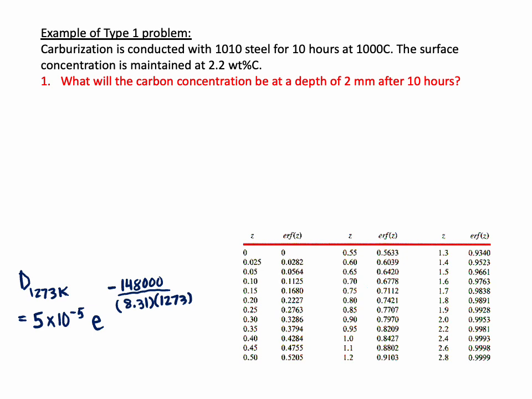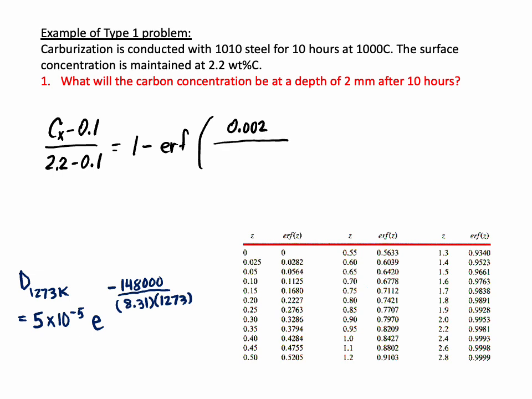Okay. So again, C sub x is my unknown. C sub x minus C0, 0.1, over C sub s, 2.2 minus 0.1, is equal to 1 minus the error function of the quantity x, which is 0.002, over 2 times the square root of, oh, I set this up and I didn't calculate it.